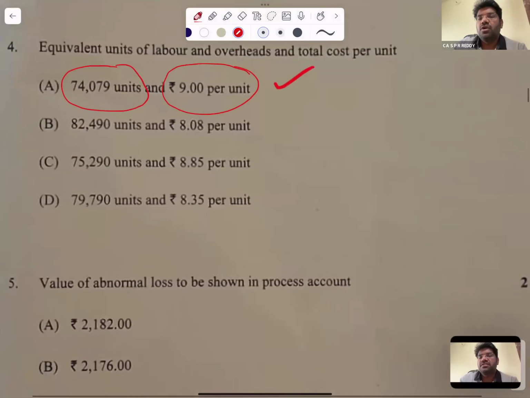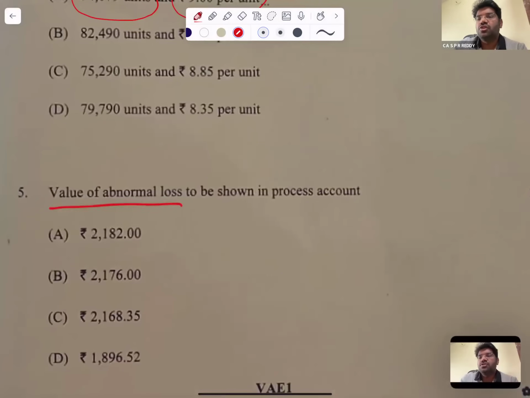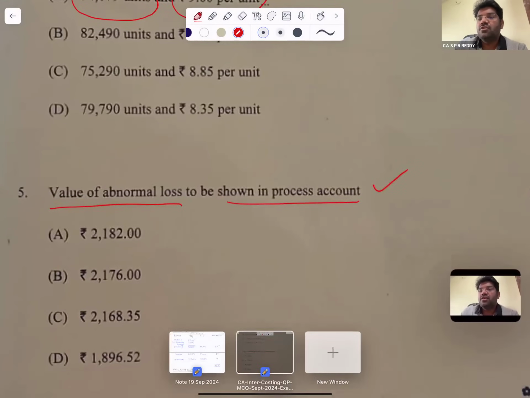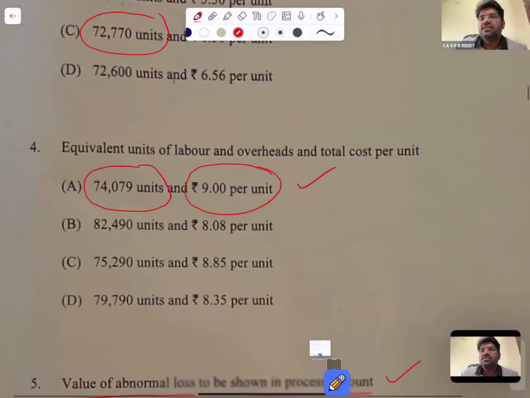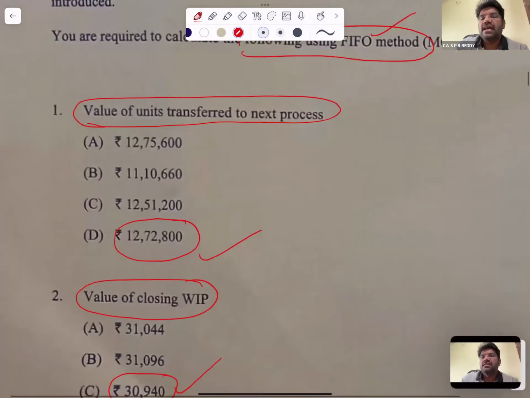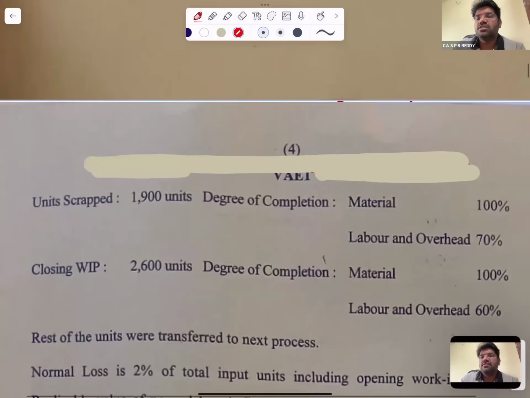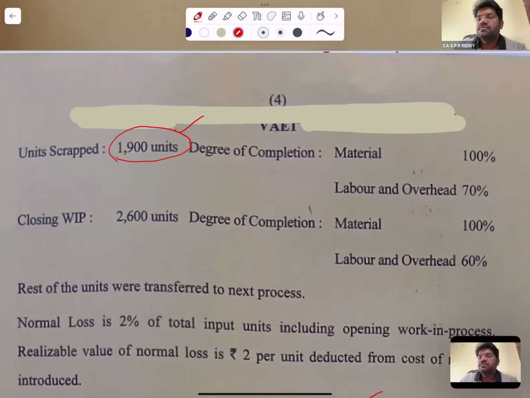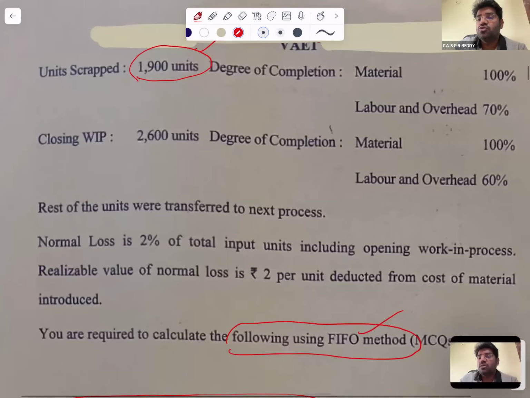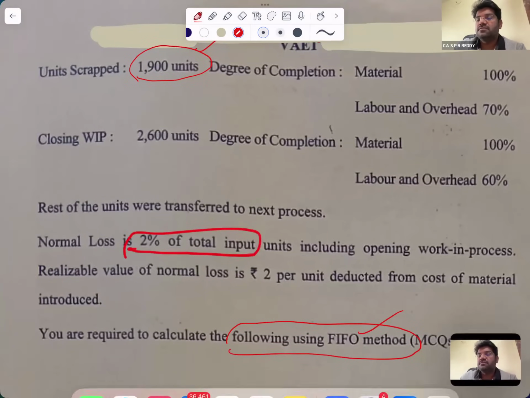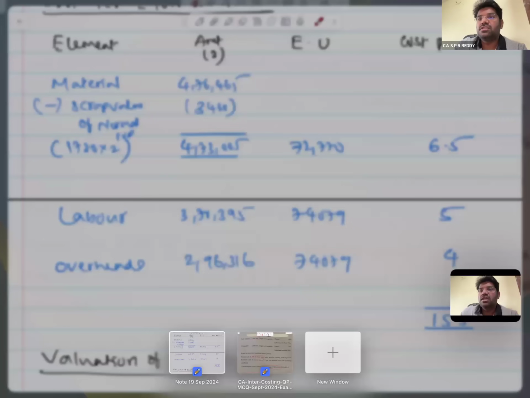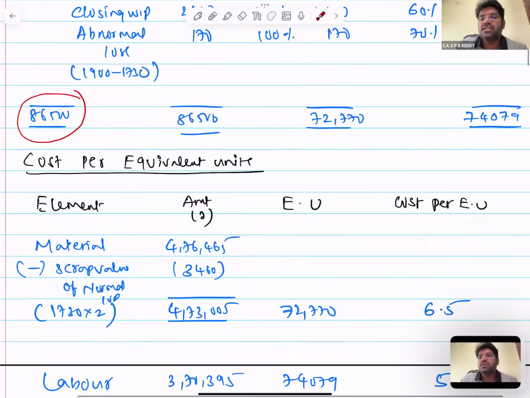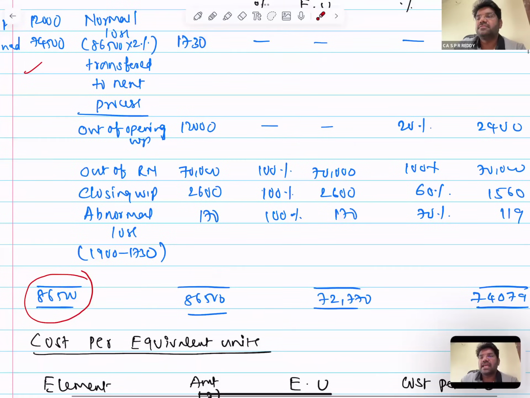Next, what is the value of abnormal loss to be shown in the process account? We know that out of total 1,900 units scrapped, as given here, if you remove the normal loss, the balance is abnormal loss. What is the normal loss? 2% of the total input. If you remove the normal loss quantity from total units scrapped, 1,900 minus 1,730, it is 170.